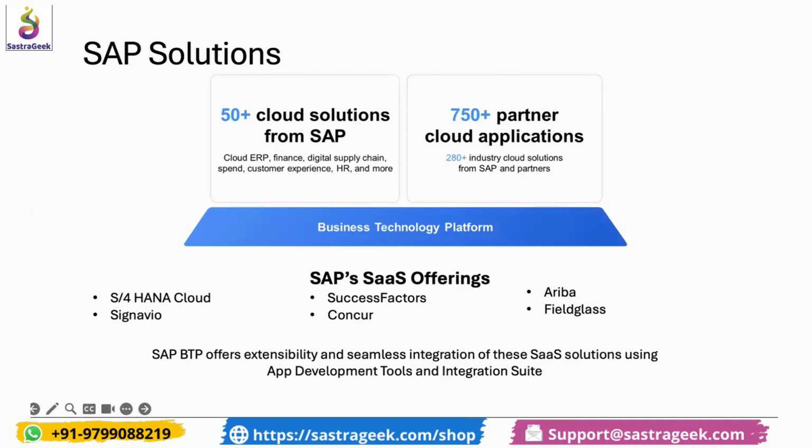Along with the services, the customer would always want some kind of customization, enhancement, all those things. But the idea behind BTP is to keep the core clean. They don't want their core solution to be damaged or enhanced. So for that they have provided extensibility.